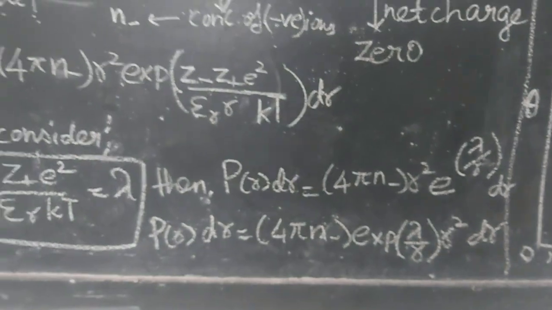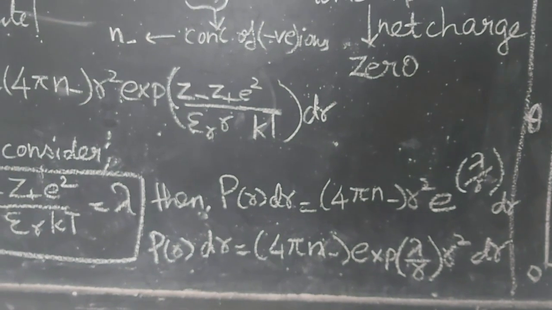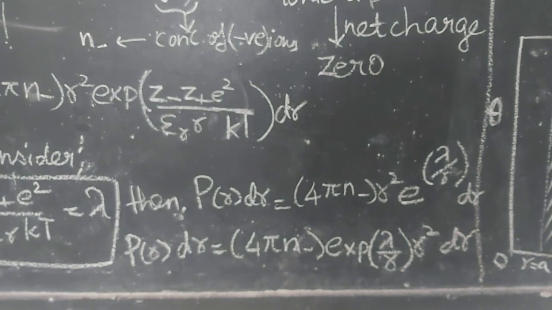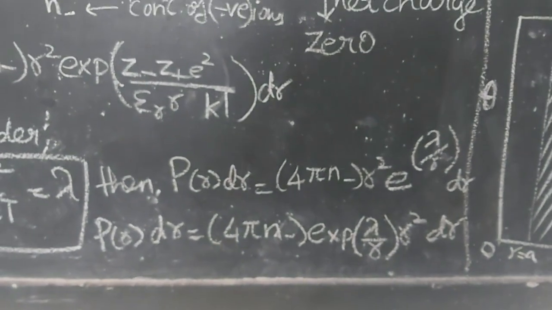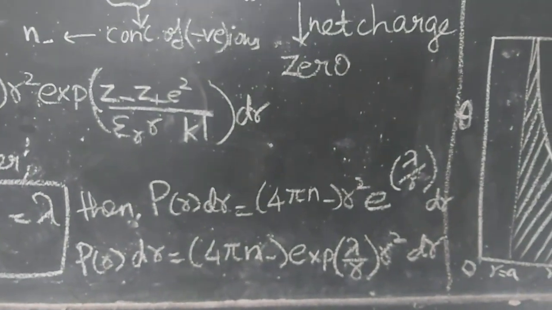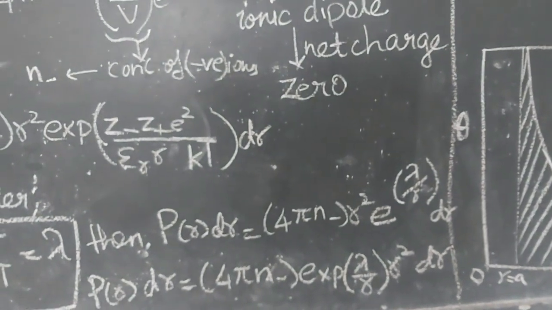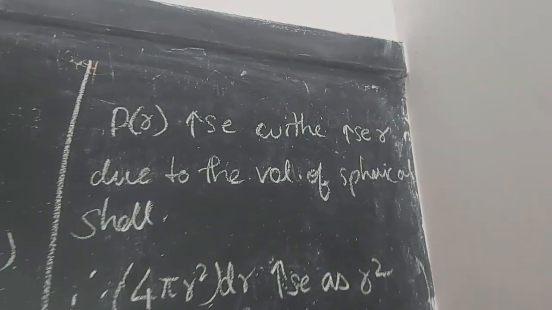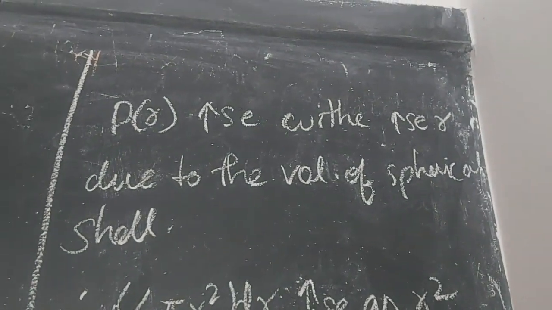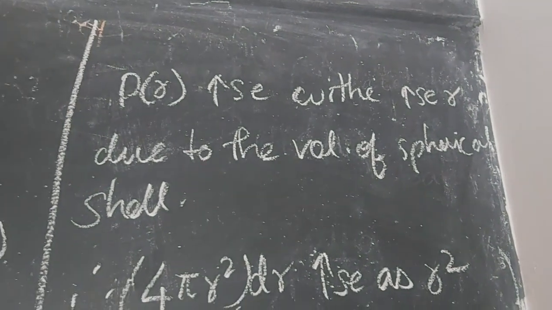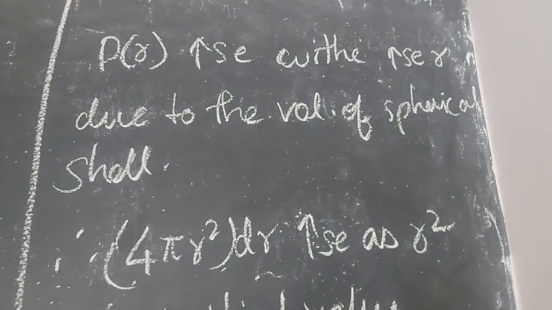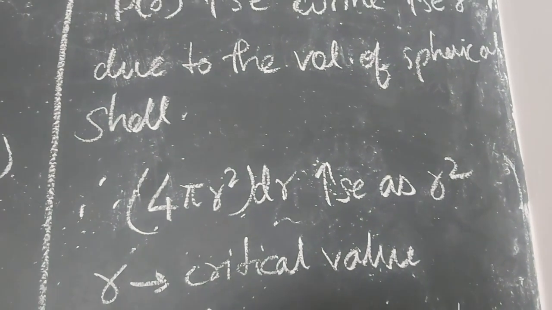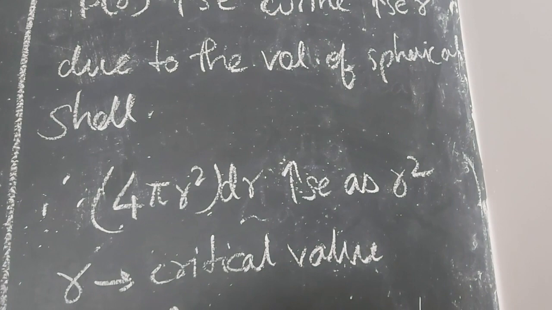When we see this in a graph, as the radius of the spherical shell increases, the volume of the shell also increases, so the probability increases with the radius of that sphere. So 4 pi r square dr also increases as r square.